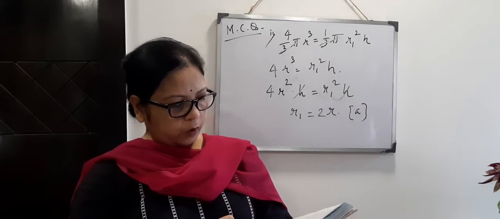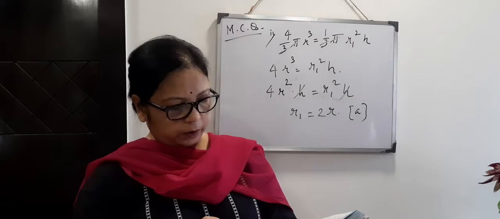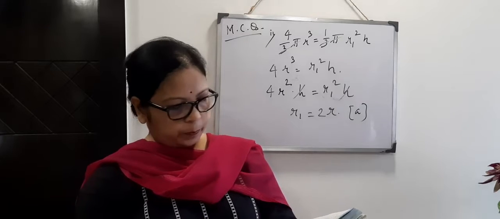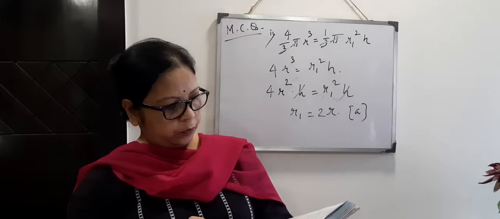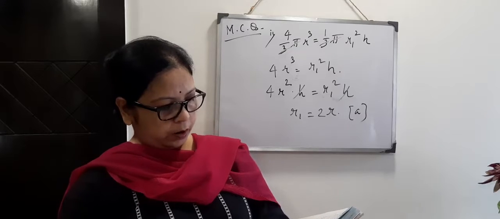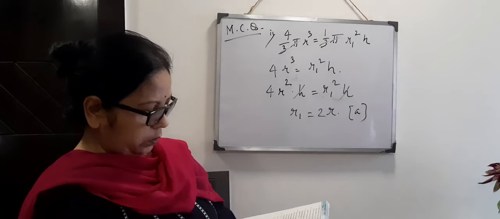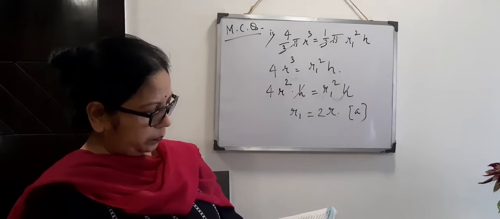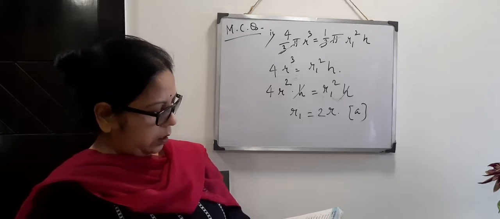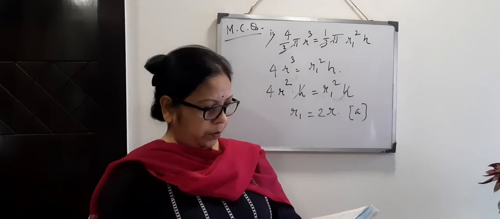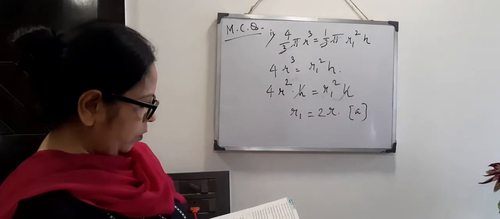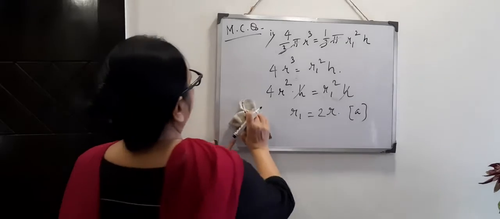By melting a solid right circular cone, a solid right circular cylinder of same radius is made whose height is 5 cm. Find the height of the cone. Here both radius of cylinder and cone are same. You have to calculate the height of cone and height of cylinder is given.